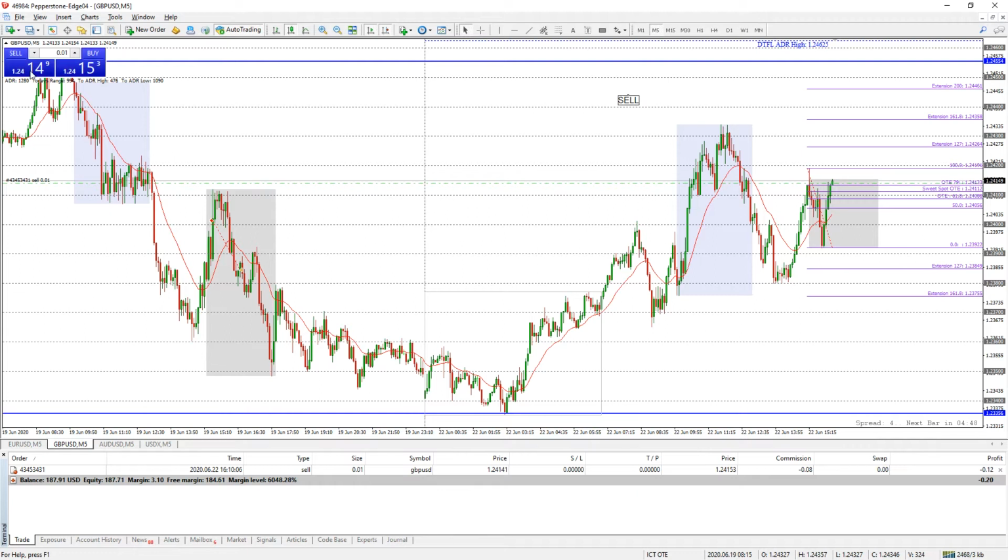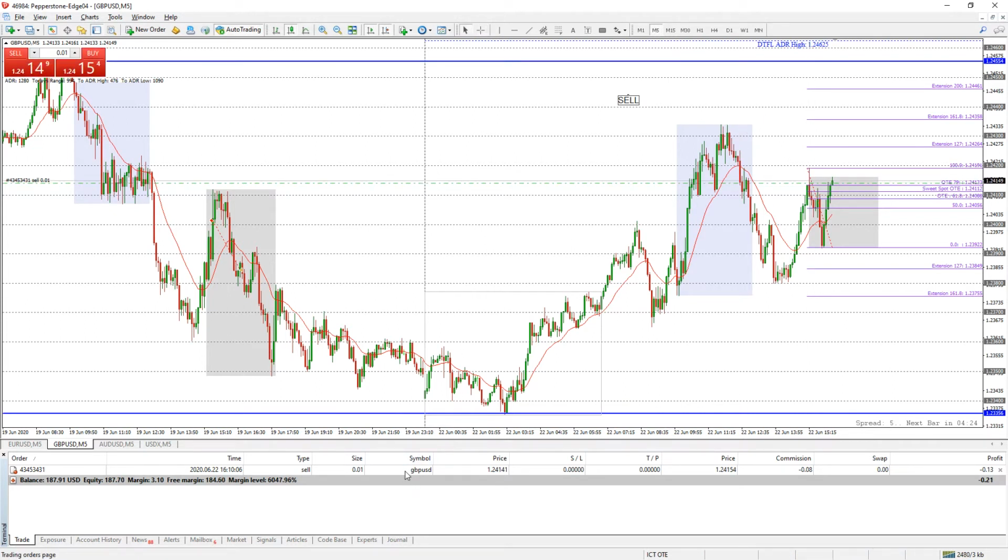Well, let me take this trade. I've taken the sell. So for this trade, I'll take my stop loss. This is a GBP pair, so I think a 20 pip stop loss should be enough, somewhere up here.